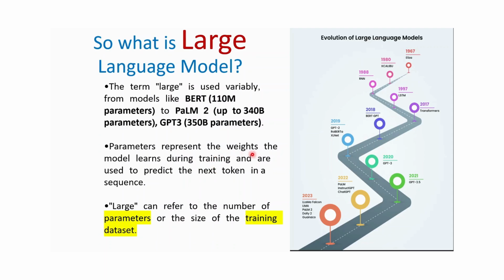What are these weights? What is our ultimate aim? Our ultimate aim is to capture the relationship between the words very deeply. So these weights will have the information about the relationships between the words.